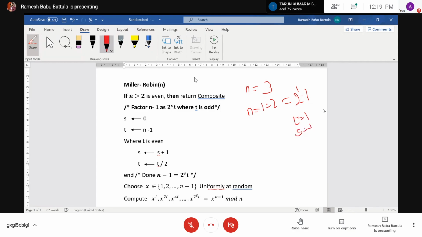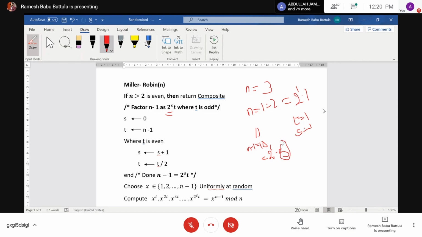For any odd number n you choose, n minus 1 is an even number, and we can write it in this form. Suppose I choose 11. Then n minus 1 is going to be 10, and 10 we represent as 2 to the power 1 into 5.